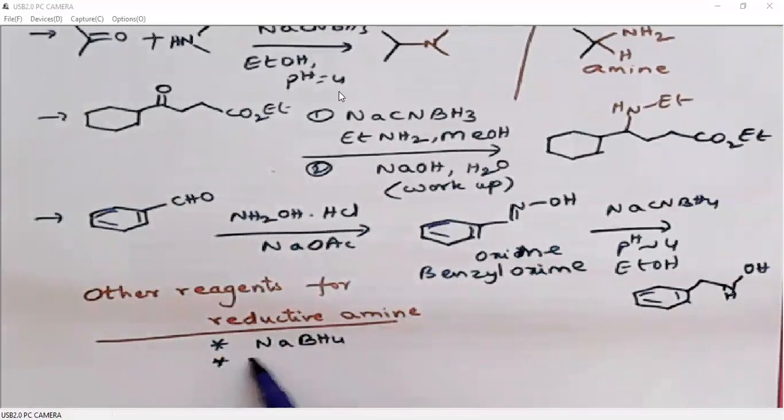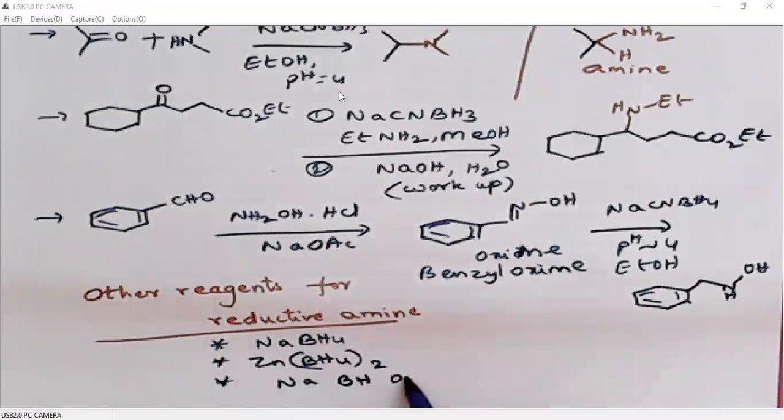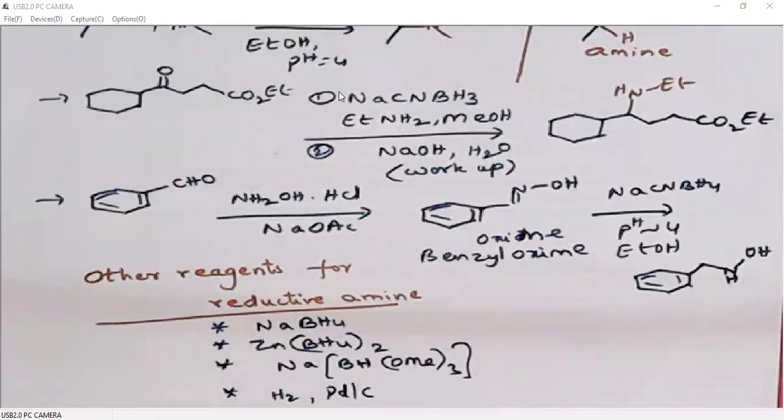We can also use zinc borohydride, and similarly sodium trimethoxyborohydride, and finally we can also use hydrogen and palladium on carbon for reductive amination.